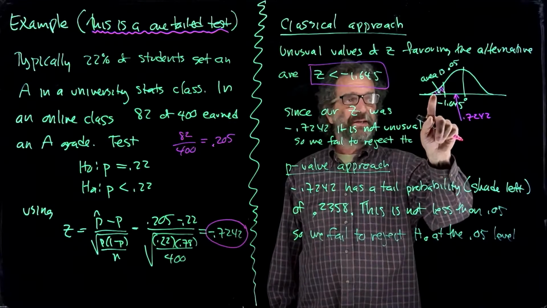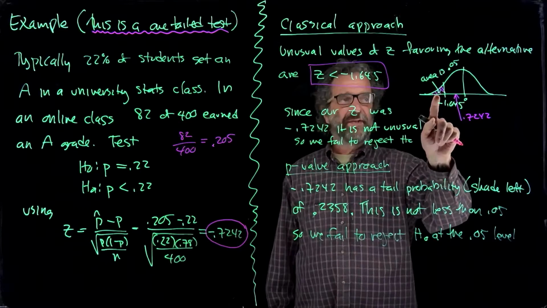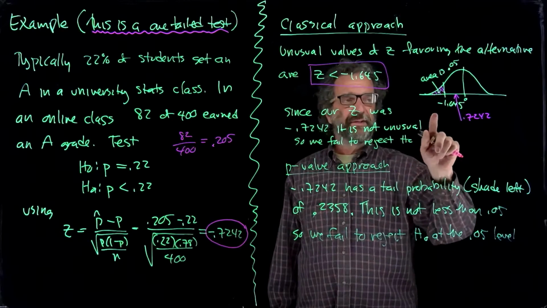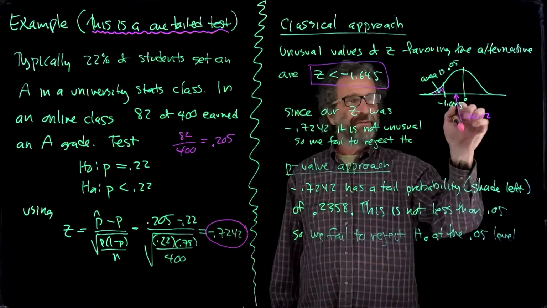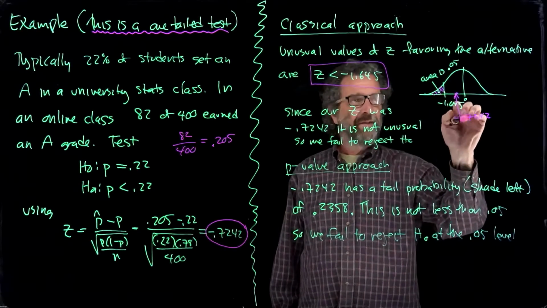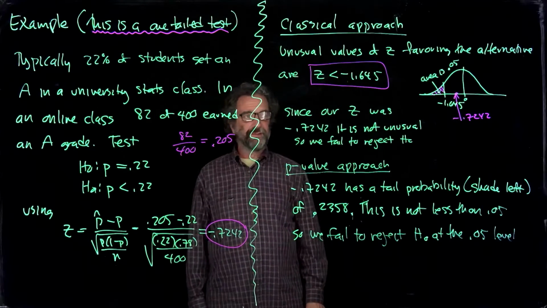Since it's only one-sided, the z we can use is negative 1.645 to fall in that region. So we'll reject the null hypothesis if our z is smaller than negative 1.645. Of course, we got minus 0.72, which is here. It's not in that region, and so we'll fail to reject the null hypothesis.